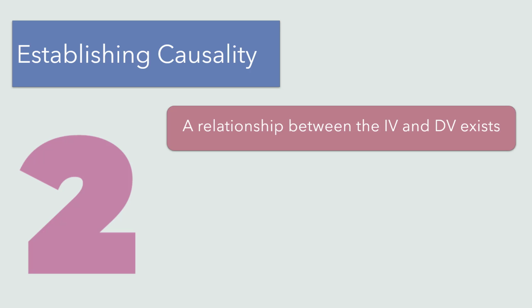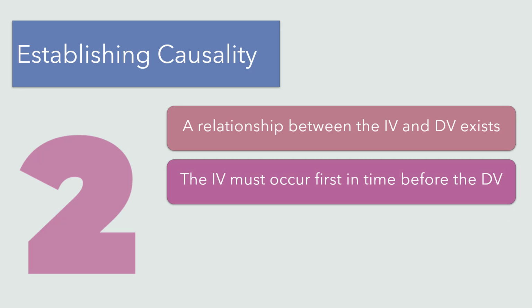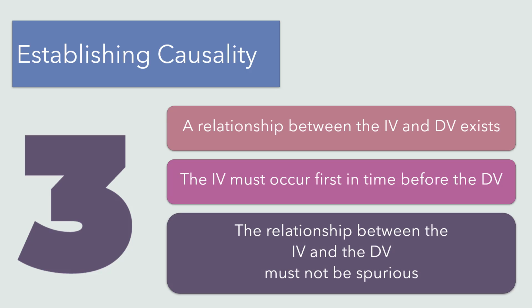Number 2, the independent variable must occur first in time before the dependent variable. And finally, number 3, the relationship between the independent and the dependent variable must not be spurious. That means it disappears when we account for other variables. So those are the 3 criteria. Let's go through and elaborate.